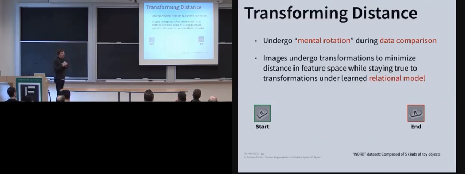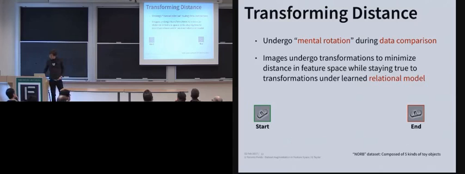And the key thing here is that similarity learning models or transformation models are extremely powerful, so you could essentially morph one object directly into the other, and that wouldn't reflect a natural transformation, so we have to put a limitation on what kinds of transformations are possible. In other words, we can't just have ink magically going from one image to the other. We have to respect some learned model of natural transformations.